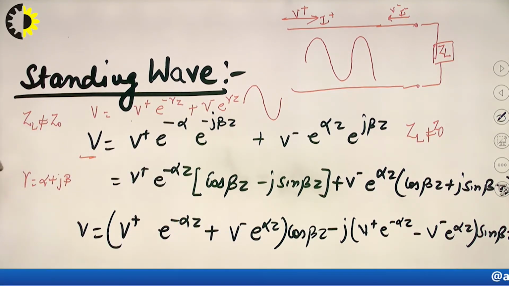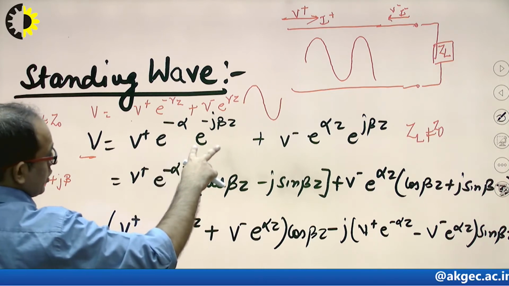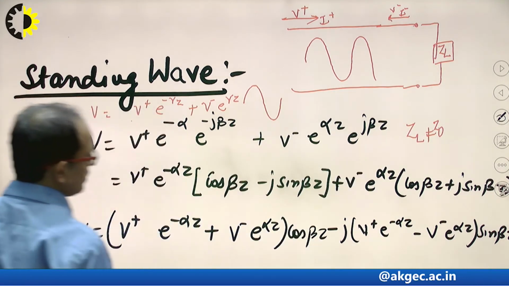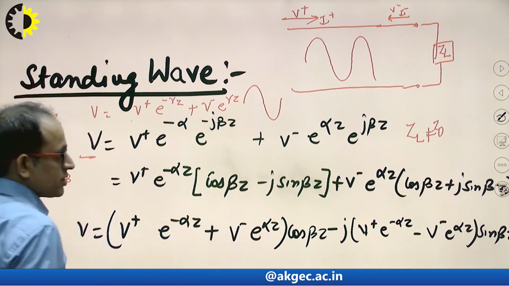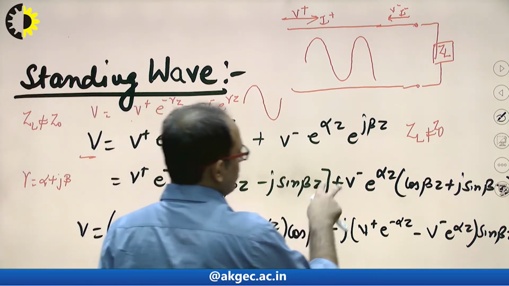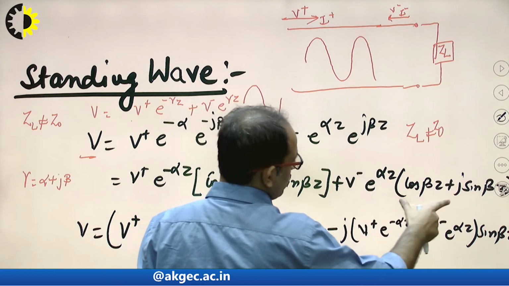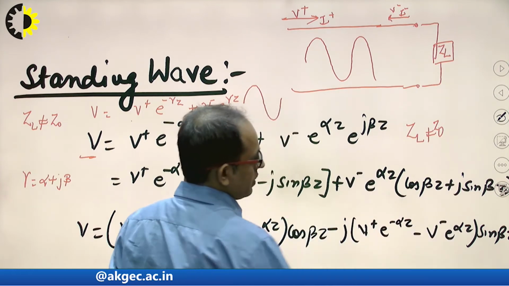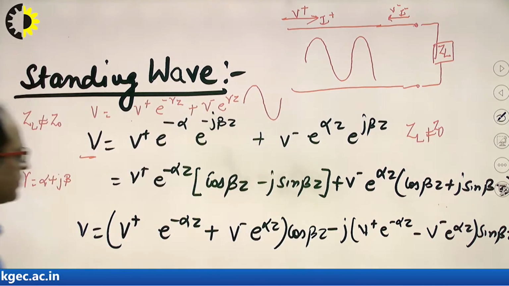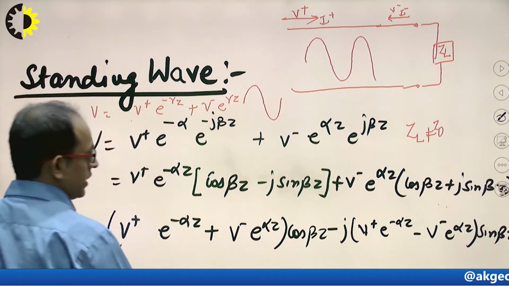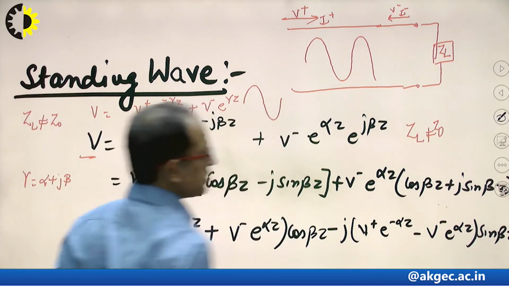Now just put the values of e power minus j beta z and e power j beta z. You will get V plus e power minus alpha z into cos beta z minus j sin beta z, and put e power j beta z equal to cos beta z plus j sin beta z. Now take the common part of cos beta z and the common part of sin beta z.